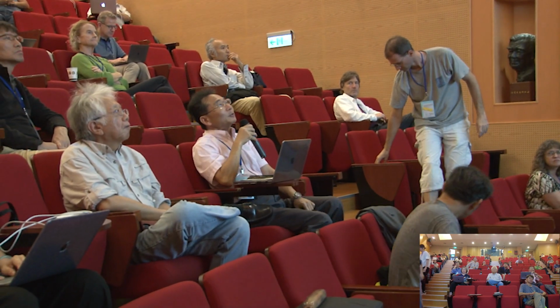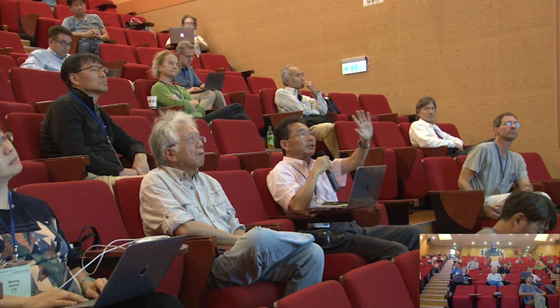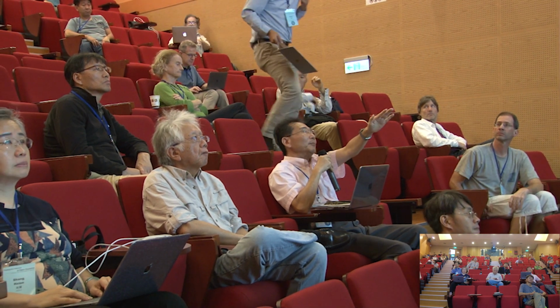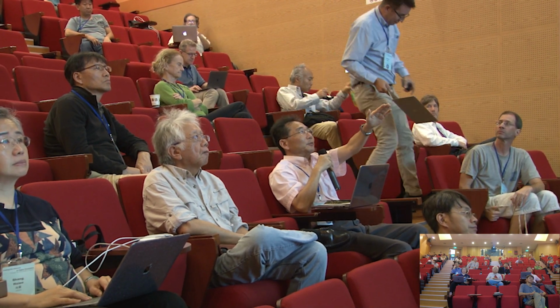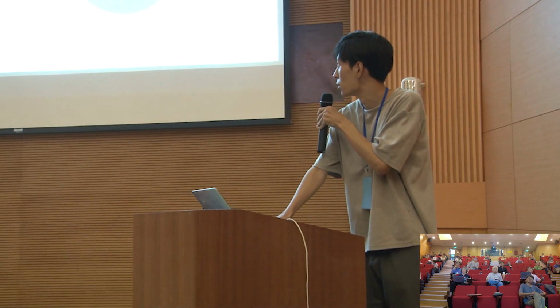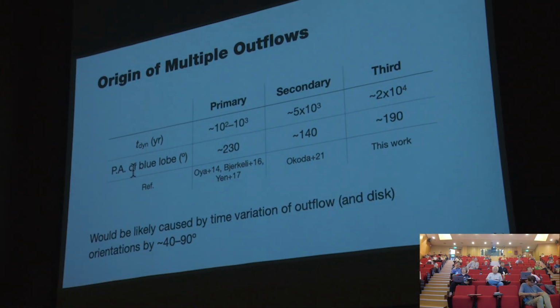Very interesting. I'm just curious, what kind of time scale would you expect for changing the direction of the outflow? And then I also want to see whether we would expect to see the disk in a different direction as well. Regarding time scale, I honestly don't remember the simulation, but from observation we estimate the dynamical time scale.